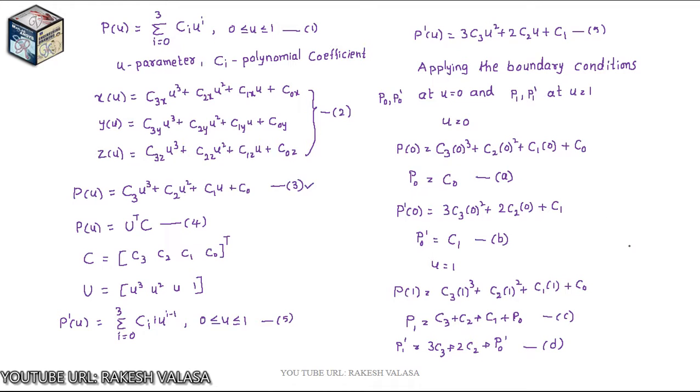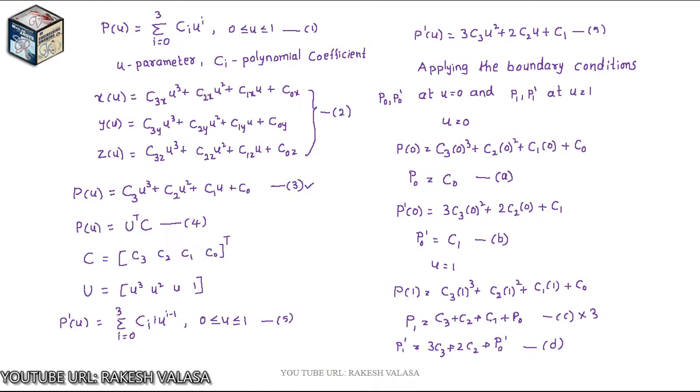You can simplify equations C and D. Just multiply C by 3. That means 3p1 equal to 3c3 plus 3c2 plus 3c1 plus p naught.